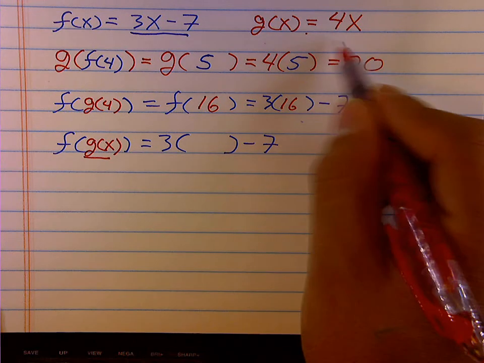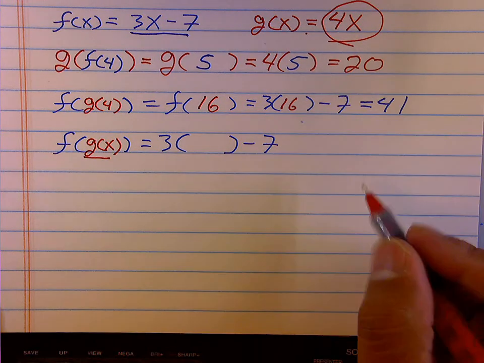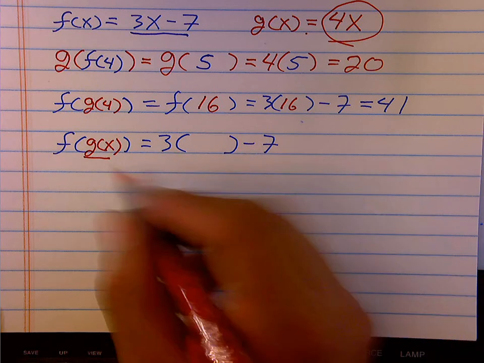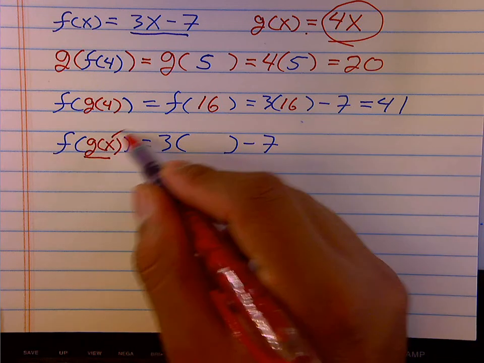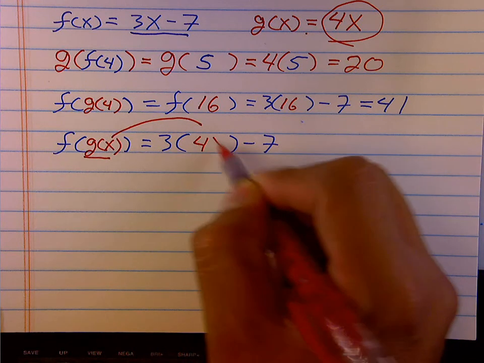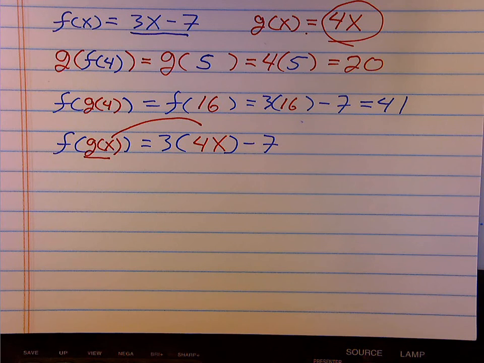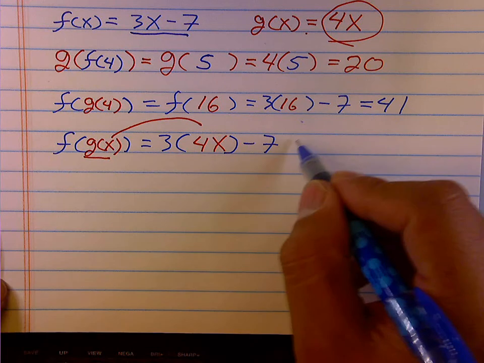G of x is 4x. So I'm going to plug that in because g of x is 4x. That's the output of g for whatever I plug in for f. Now I'm going to simplify that.